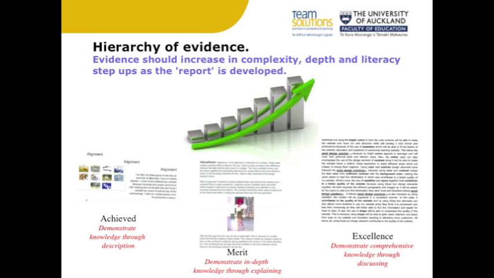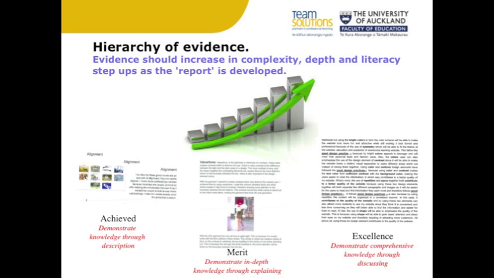When supporting students' report writing, it's really important to consider that evidence should increase in complexity and depth, following the literacy step-ups as the report is developed. What do I mean by this? Well, for example, the wording in the achievement standard states that for Achieve, the students must demonstrate understanding through describing certain elements.